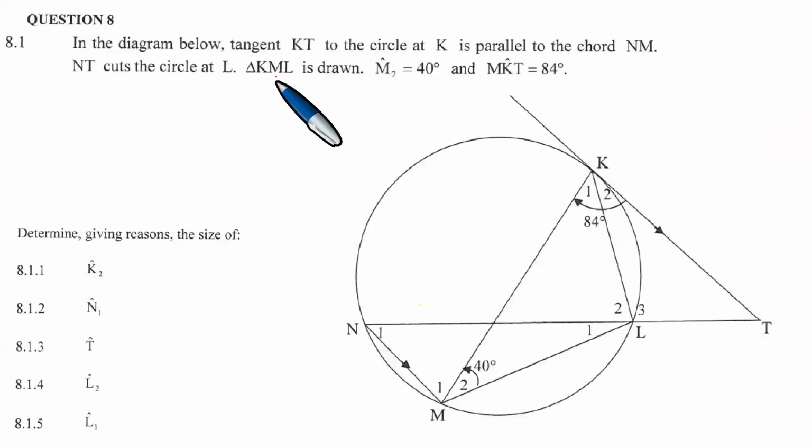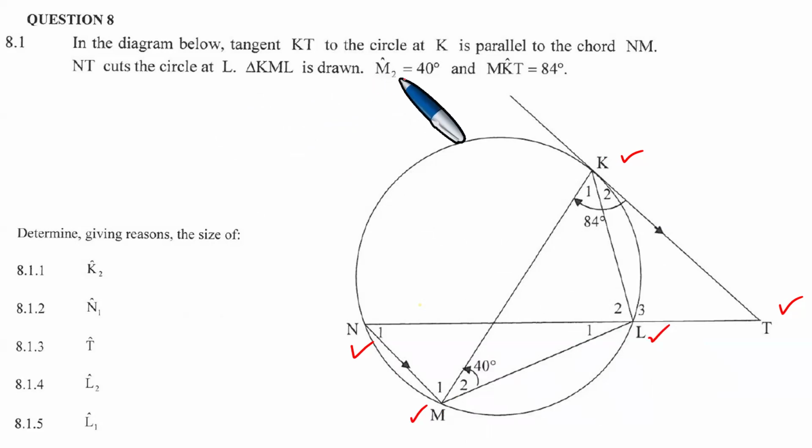Okay, in the diagram below, tangent KT. So you have tangent, this is K, and that is T, to the circle at K is parallel to the chord NM, and this is the chord. NT cuts the circle at L. Right, this triangle KML is drawn.